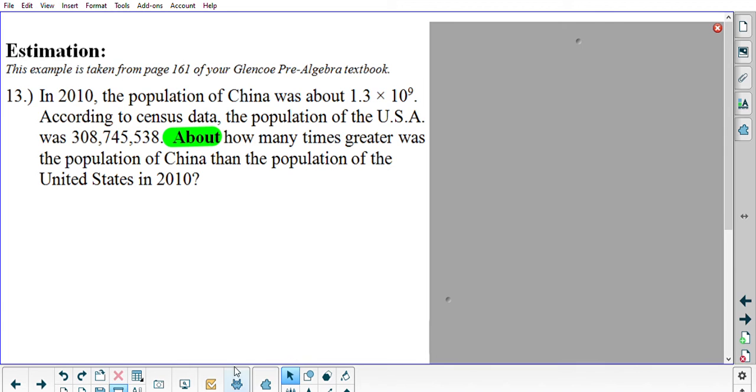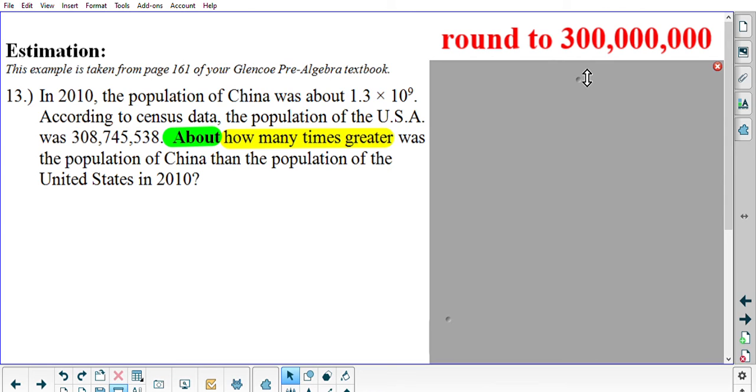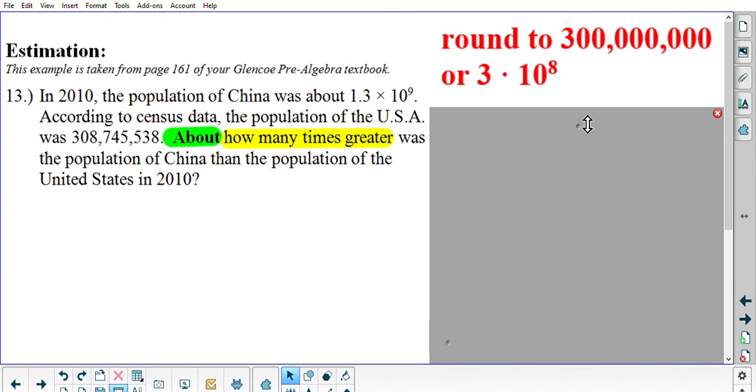If I want to find how many times greater something was than something else, then this is going to be set up as a division problem with the bigger population in the numerator. Now, before I set up the division problem, since it said about, we are going to round the 308 million to 300 million, which is 3 times 10 to the 8th.